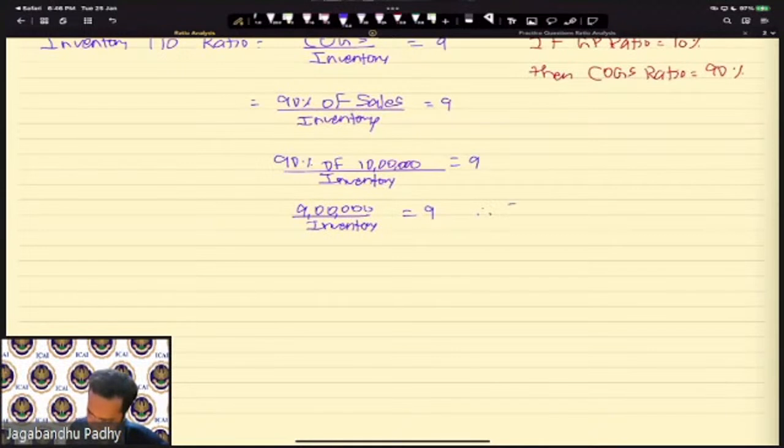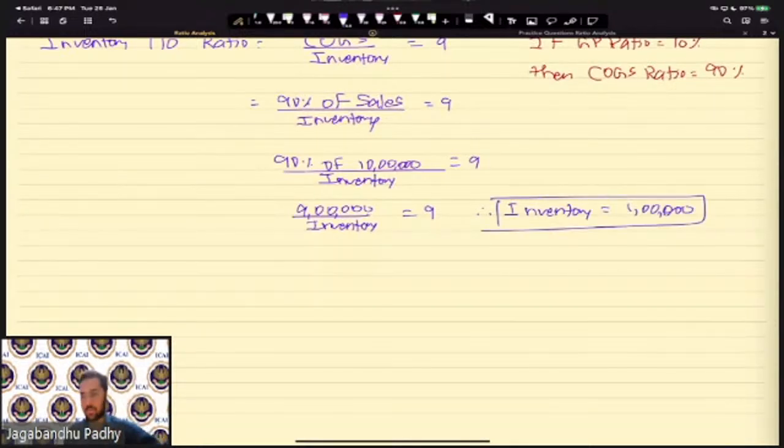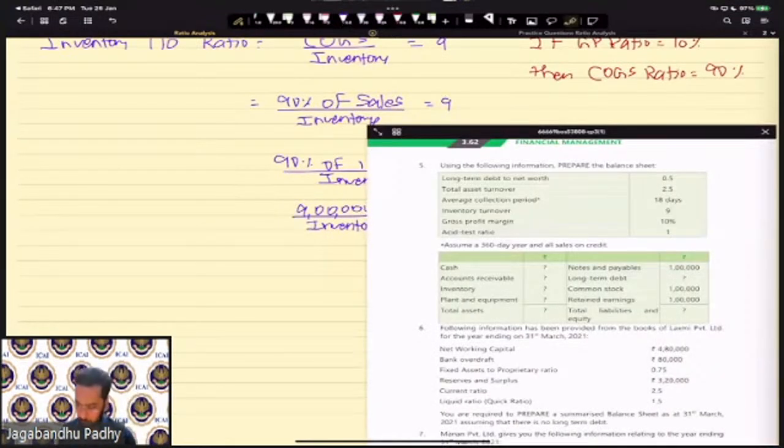So from this we can say that our inventory is 1 lakh. Right? So inventory is 1 lakh.